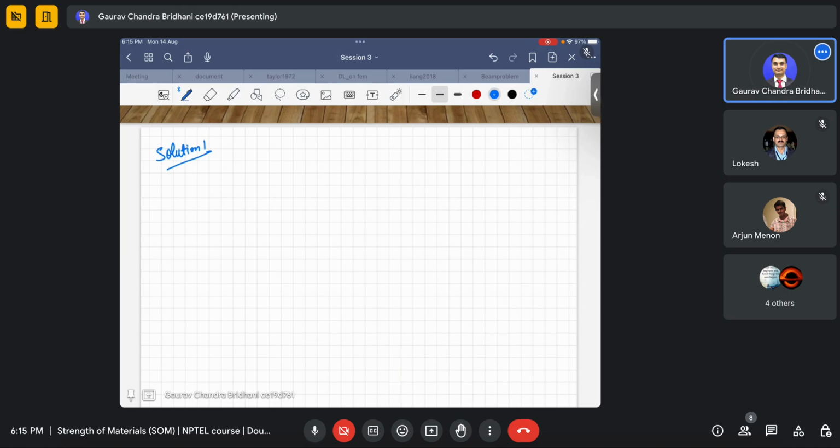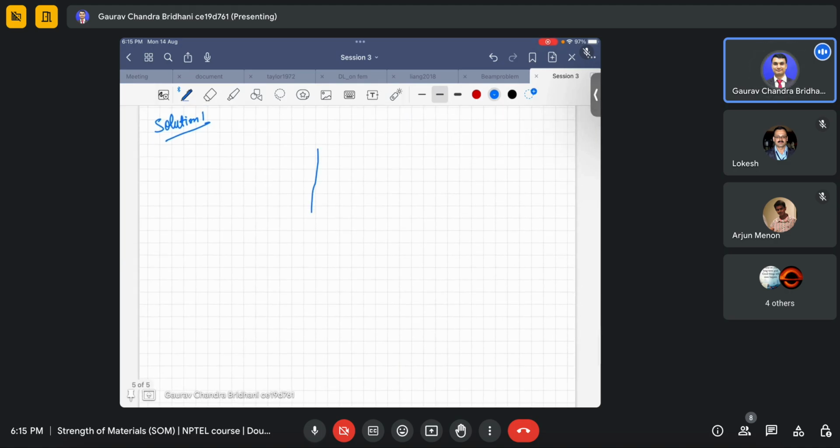Okay, so in the first problem, this is y, this is x. On the x plane we have 25 MPa as our acting stress. In the y plane we have 50 MPa.